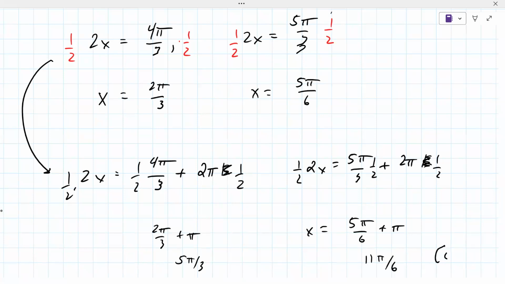And those are still in the interval from 0 to 2 pi. Any questions on that? No, that makes sense. Okay.